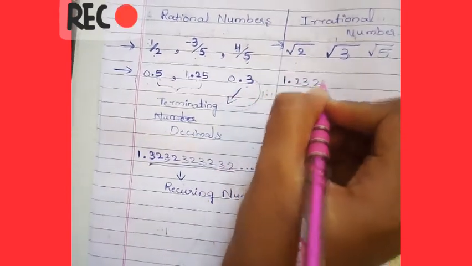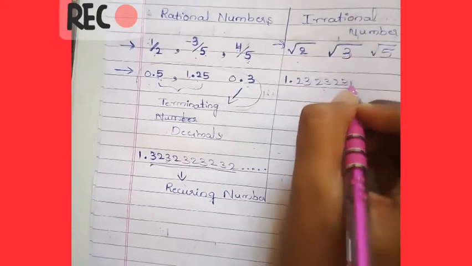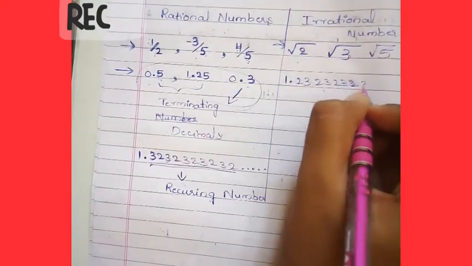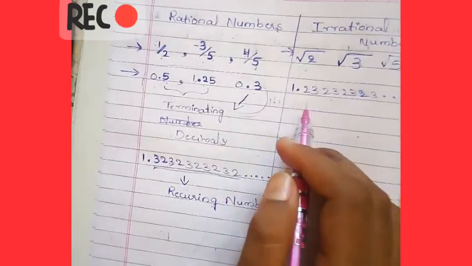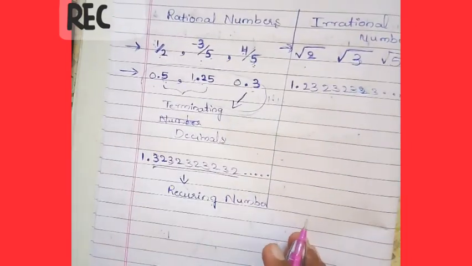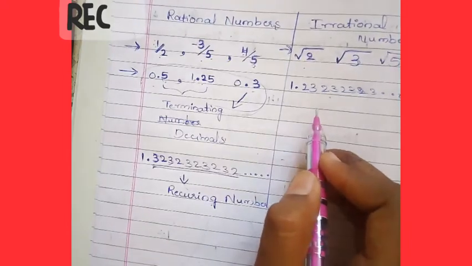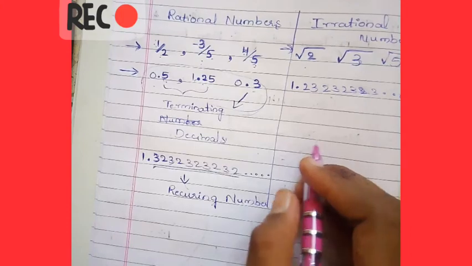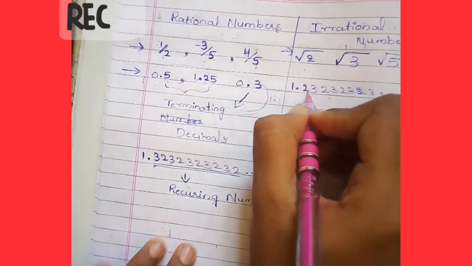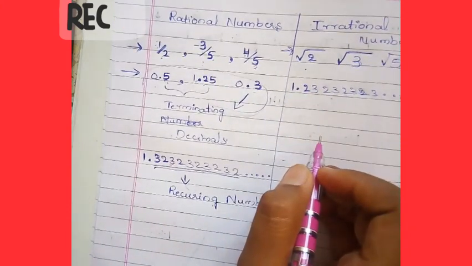Then let's take another example. 1.23 23 23 23 and so on. Is this a rational number or irrational number? This is rational and also irrational, because these are non-terminating numbers.